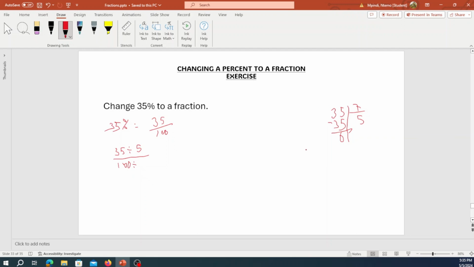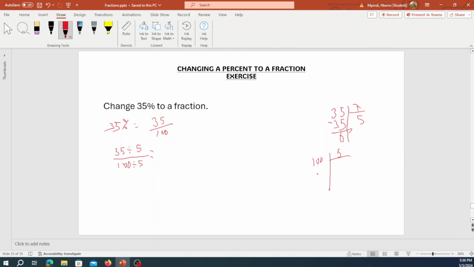Now 100, same thing we're gonna do here. 100 divided by 5.